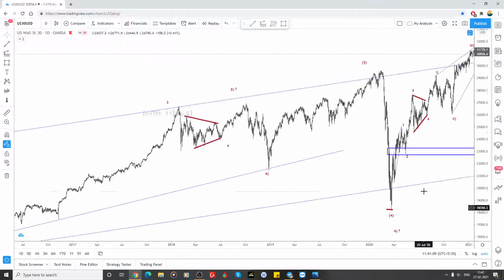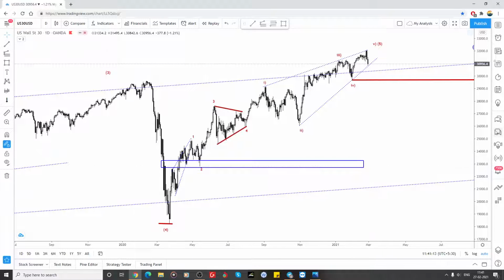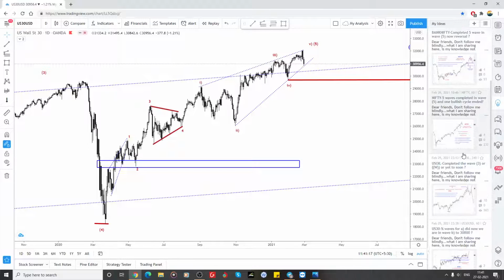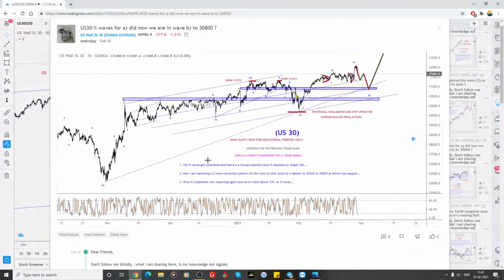In the previous one, I thought differently. See, this was my previous. It's bullish, and it has to reach 32,000 and above.